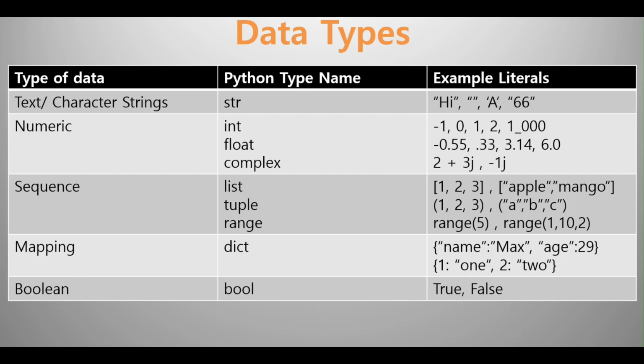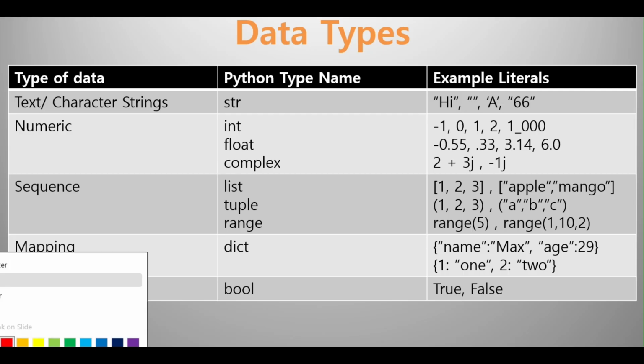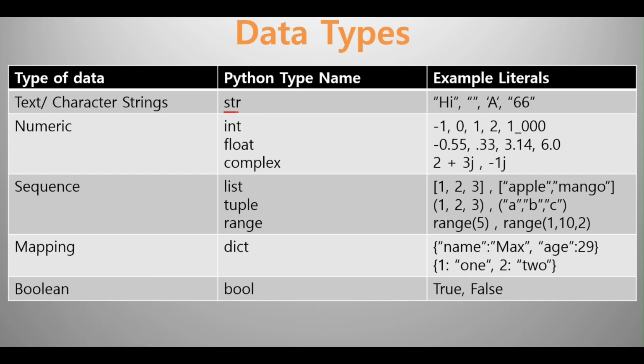We have a string for text data type. For numeric data type, we have integers, we have float, and we have complex numbers. For sequence data type, we have list, which should be in brackets.